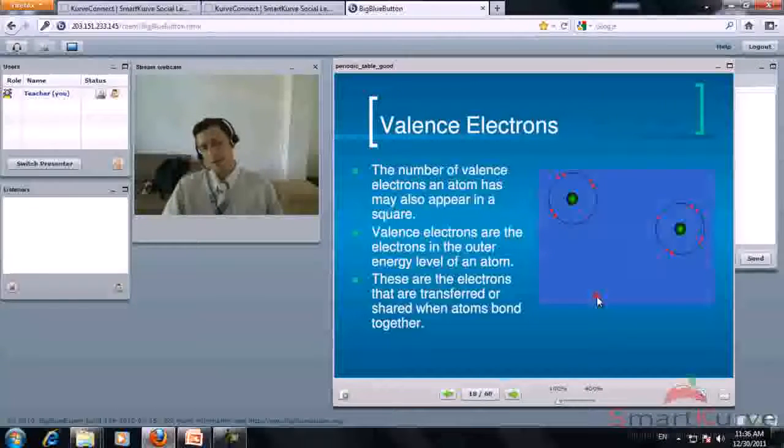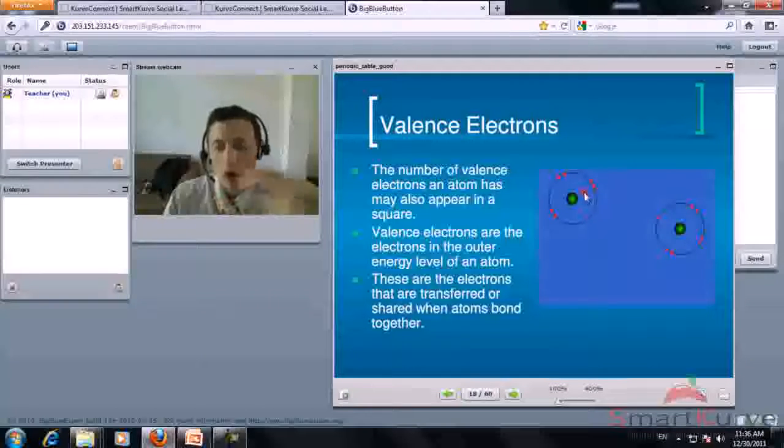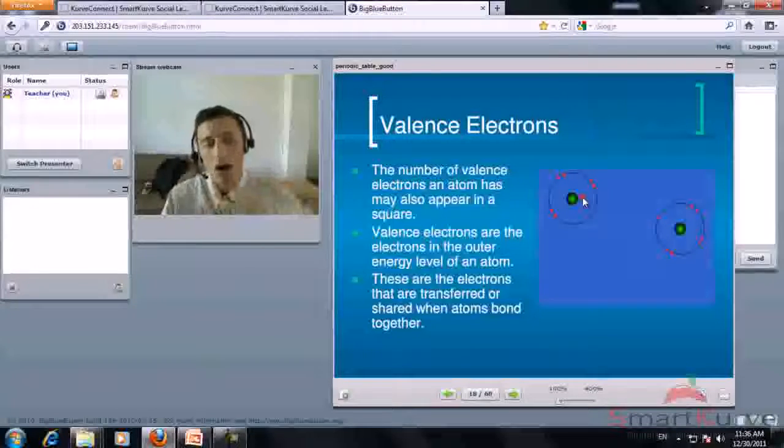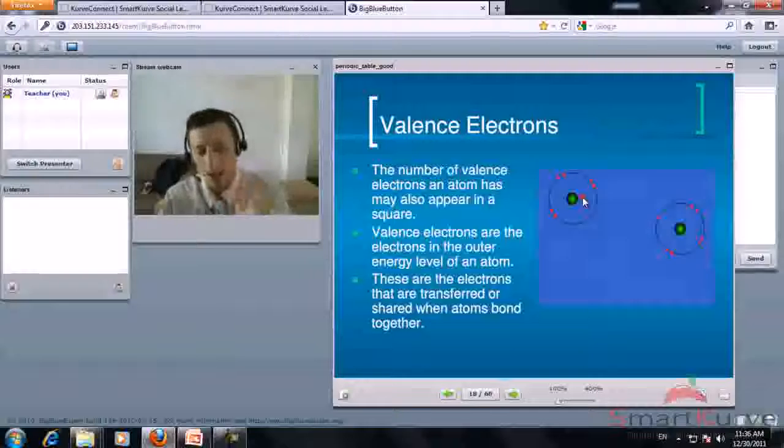For example, let's look at those 2 atoms that are illustrated in the square on the right. We are only seeing the valence electrons. In this picture, they did not draw electrons on the inner levels.